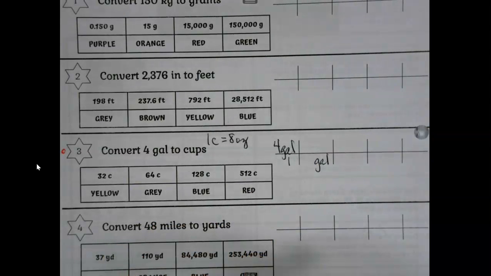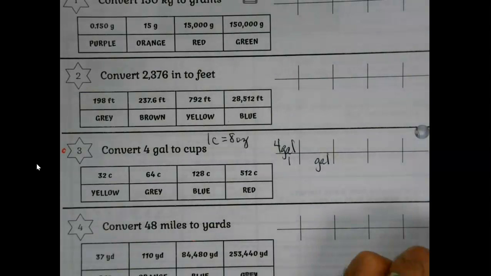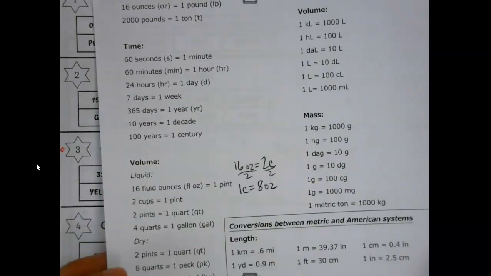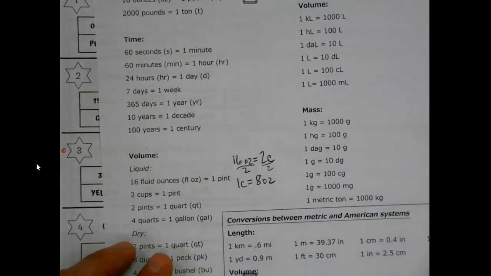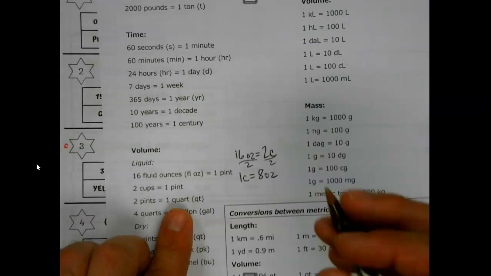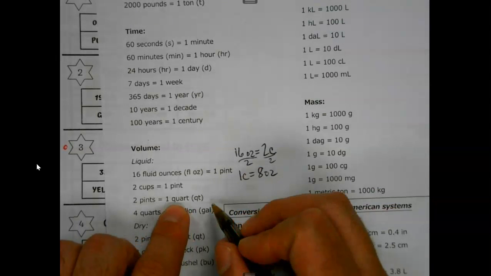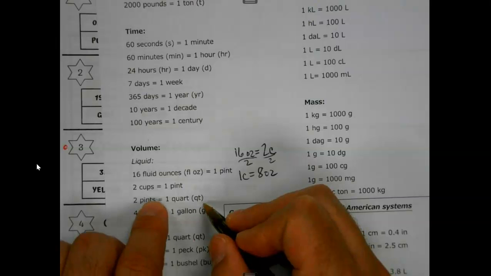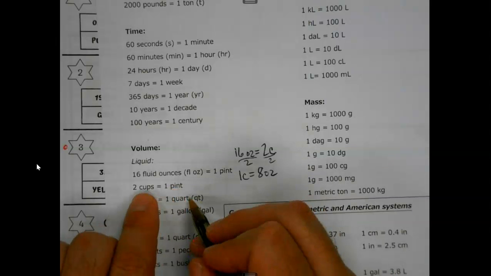So, how many ounces are there in a gallon? My volume over there doesn't even help. So, one more conversion that I'm going to help you with here. 4 quarts is a gallon, 2 pints is a quart. You're like, oh my gosh, why can't they just be forward? I know. So, 1 quart is 2 pints. 1 pint is 2 cups.